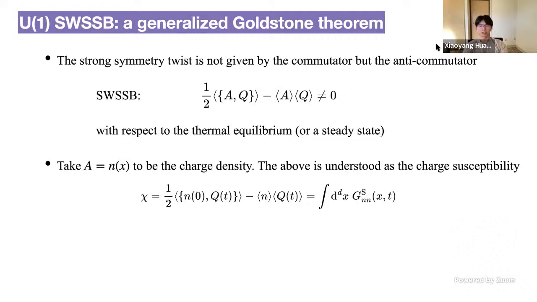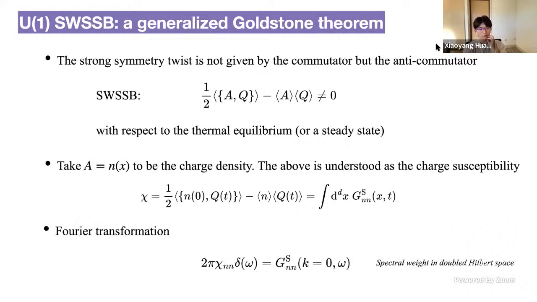Let me take an example for U(1) strong-weak SSB. Let's take the charge operator to be the charge density, and plug it into what we claim as the definition of strong-weak SSB. You will see that the expression is exactly given by the so-called charge susceptibility.